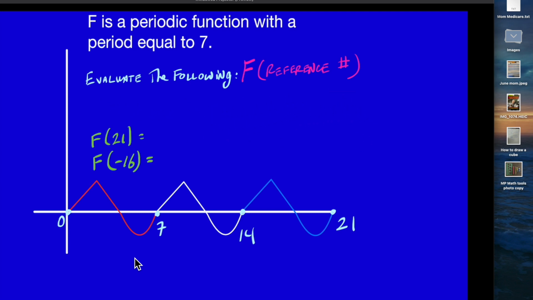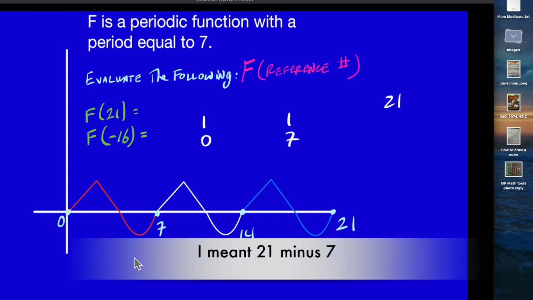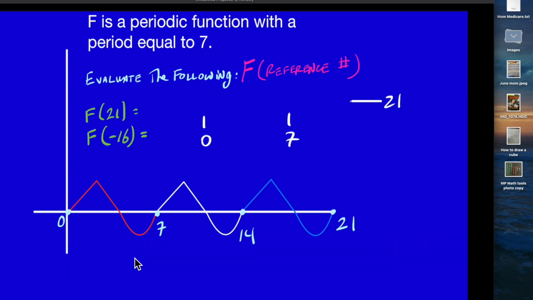f of 21, again, is outside the reference zone. The idea is to get from 21 somewhere within the reference zone. So we're out here at 21. Now, 21 minus 14 gets you to 7.